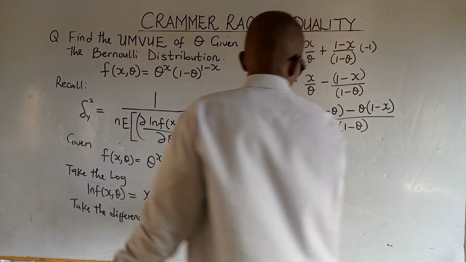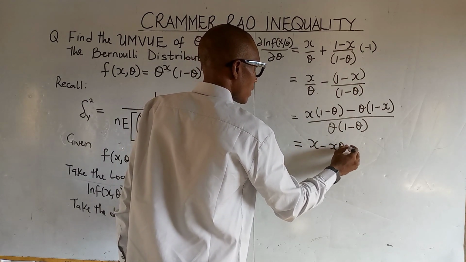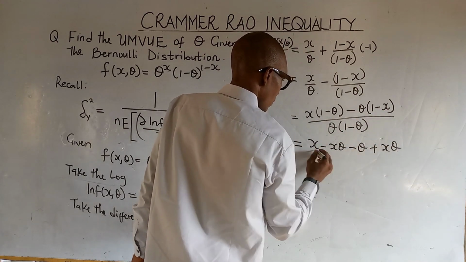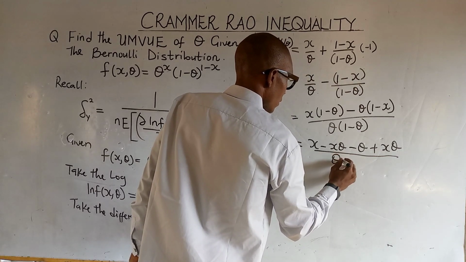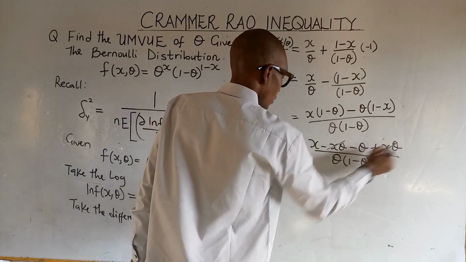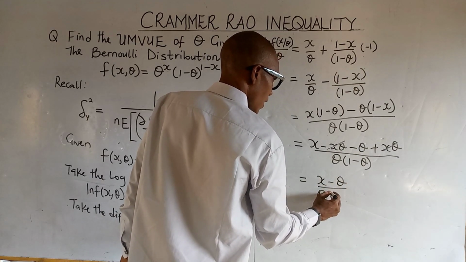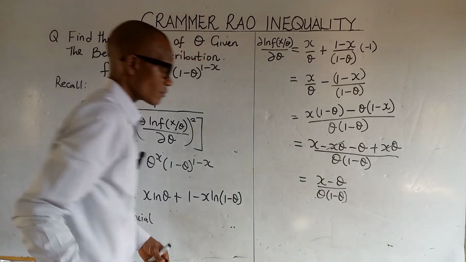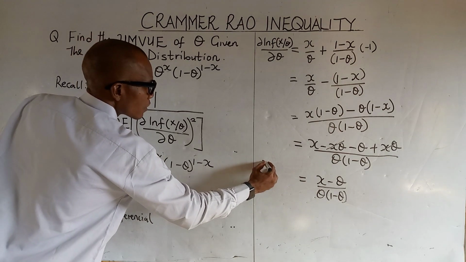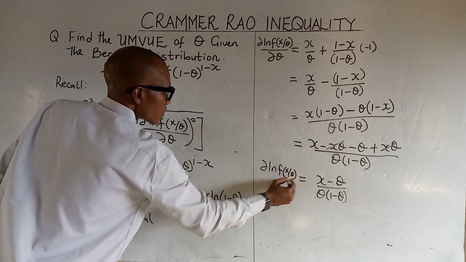If we open the brackets, we have x minus x theta minus theta plus x theta, all over theta (1 - theta). So this will cancel this. We'll be left with (x - theta) over theta (1 - theta). And the whole of this is equal to this.